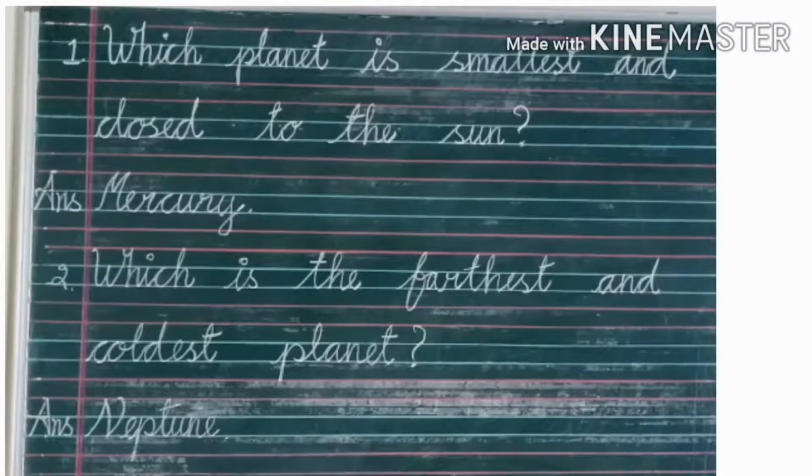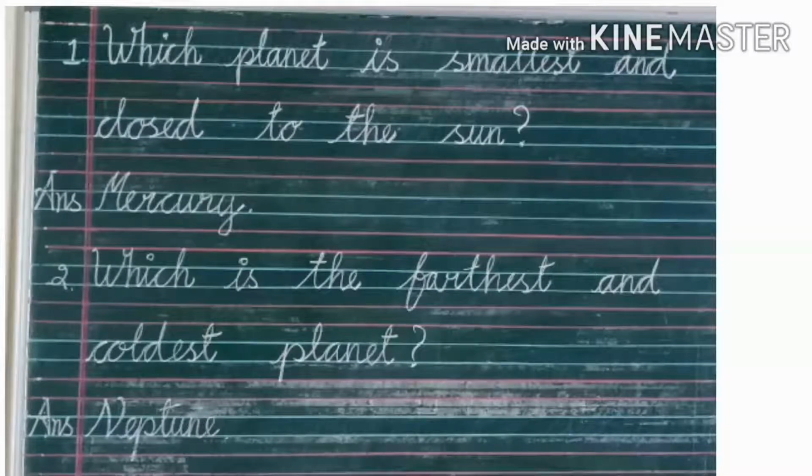Right, children? First question is which planet is smallest and closest to the sun?